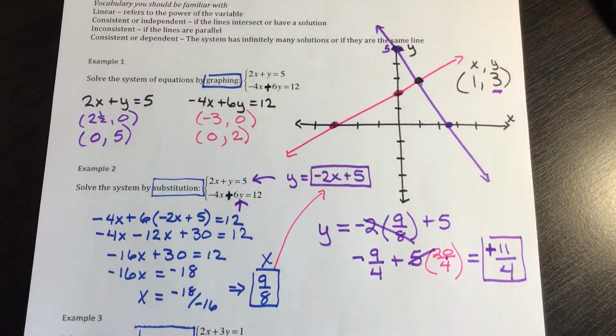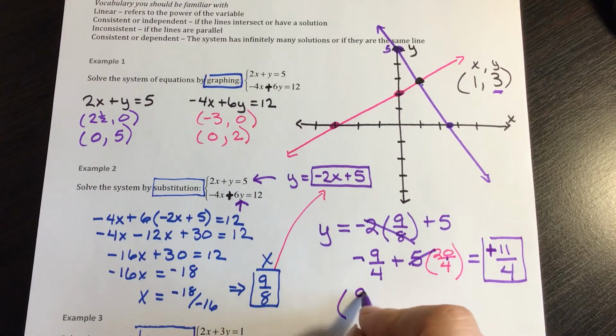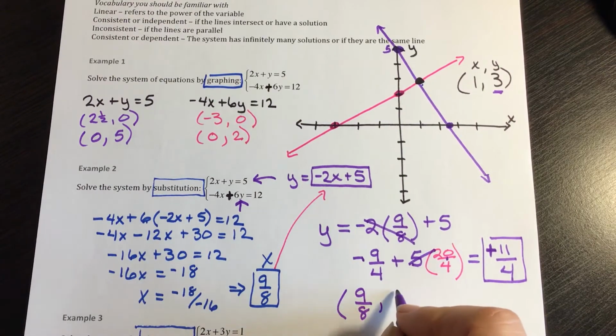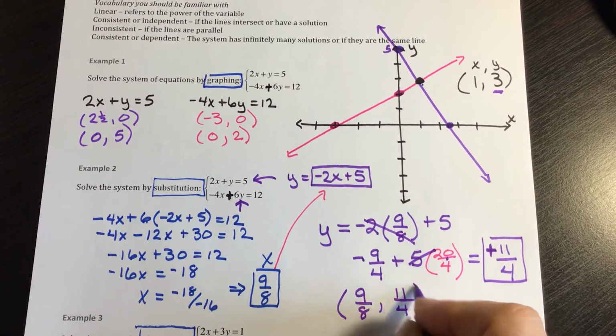Which is close to what we had up here. It's close to 3. But these are the exact values, and I can still write them as an ordered pair, where the x value is 9/8 and the y value is 11 over 4.